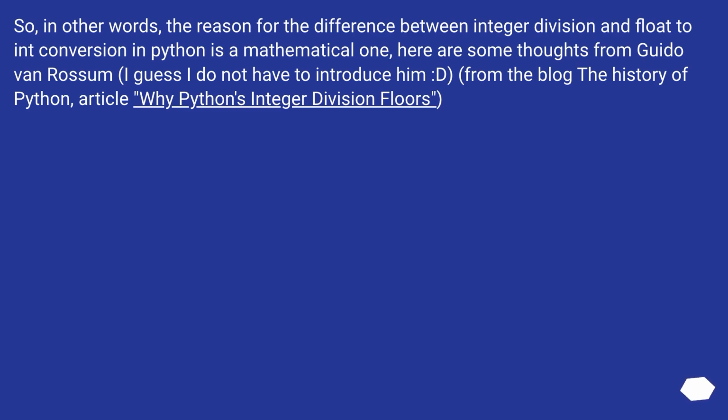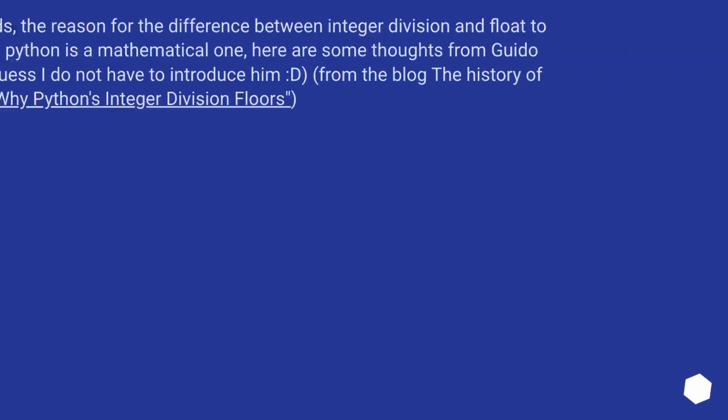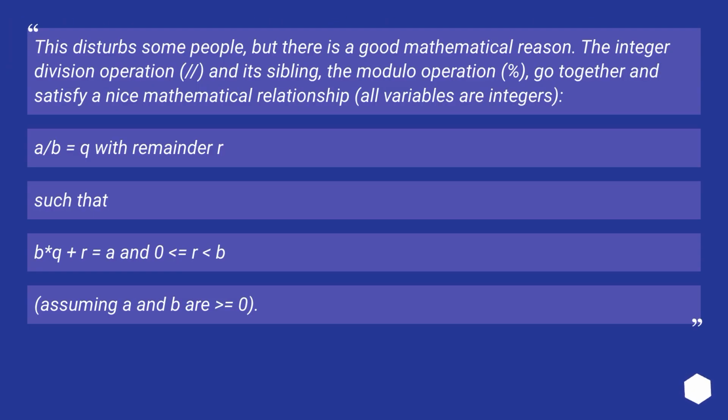a mathematical one. Here are some thoughts from Guido van Rossum. I guess I do not have to introduce him. From the blog The History of Python, article Why Python's Integer Division Floors: This disturbs some people, but there is a good mathematical reason.